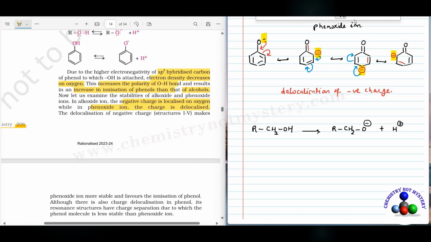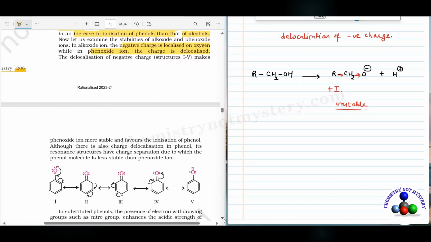In this alkoxide ion, the alkyl group donates electron density through the plus I effect, and this alpha carbon ultimately donates electron density to the O negative ion. So by the donation of electron density through the plus I effect, it destabilizes the alkoxide ion. That's why this alkoxide ion is unstable, while the phenoxide ion is more stable as compared to the alkoxide ion, as we have discussed earlier.